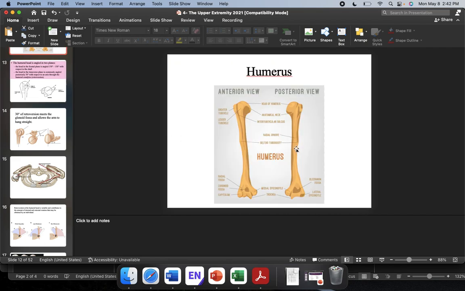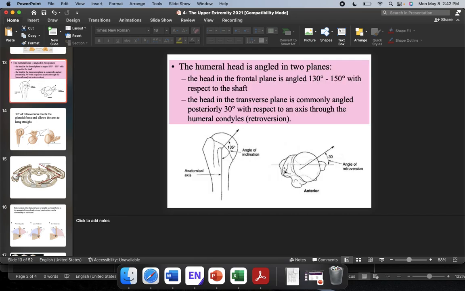So I'll come back to this slide here. So along the length of the bone, when we lay this bone flat, how much rotation anterior or posterior occurs at this humeral head from this axis of rotation at the medial and lateral epicondyles. So we come back to this point here.